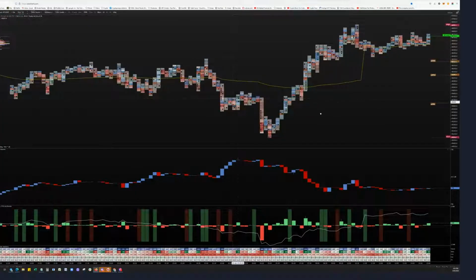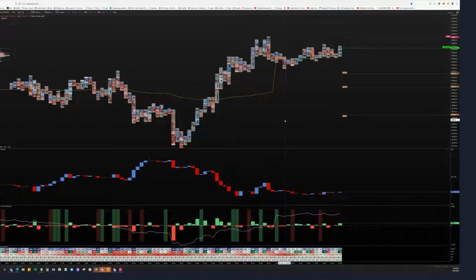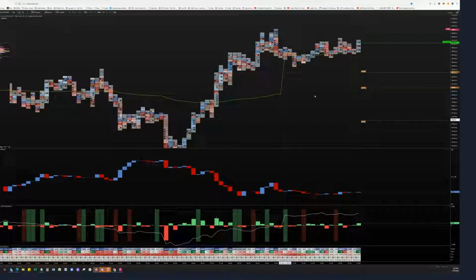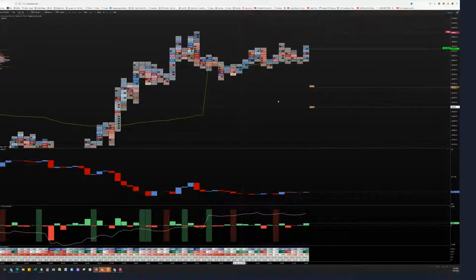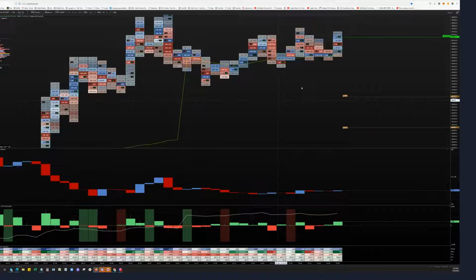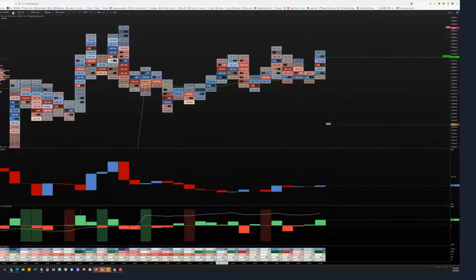I don't want to talk too much about this because I'm not that familiar with it yet. This is the open interest chart, and I'm still trying to develop my skills on this. Let's just do the 30 minutes.